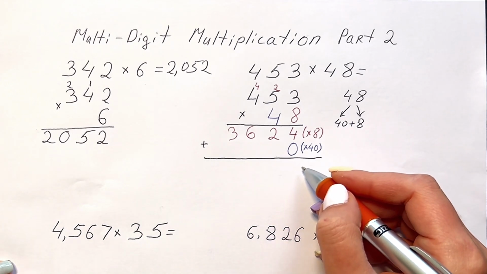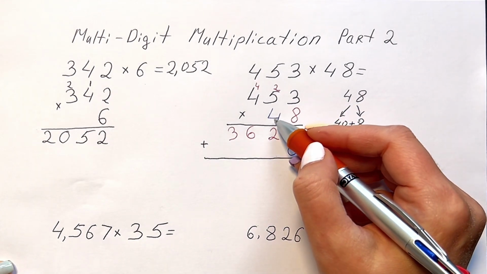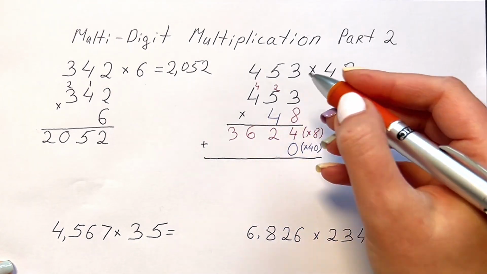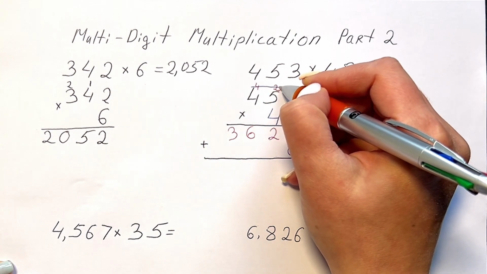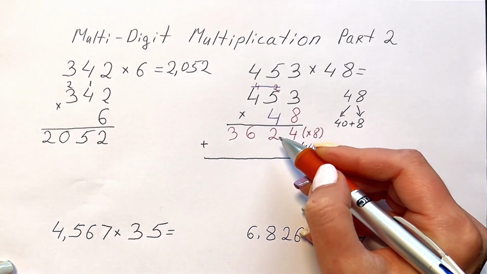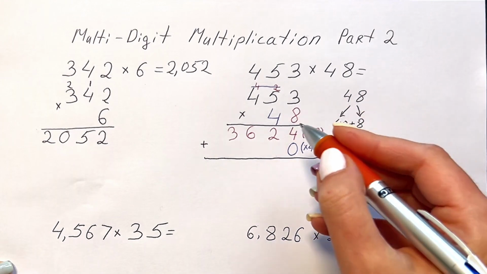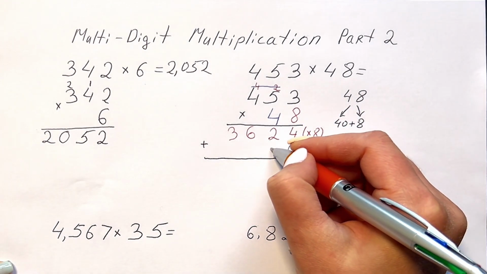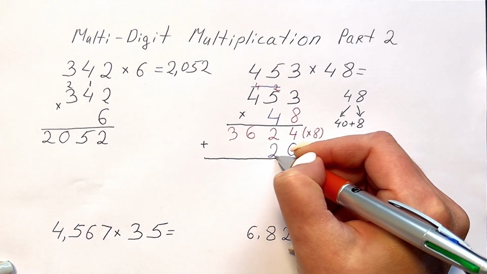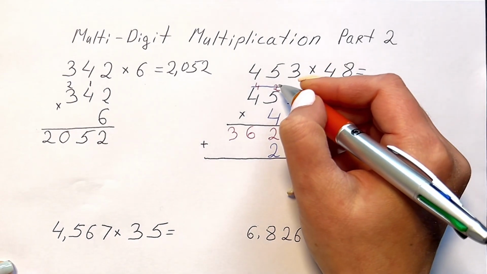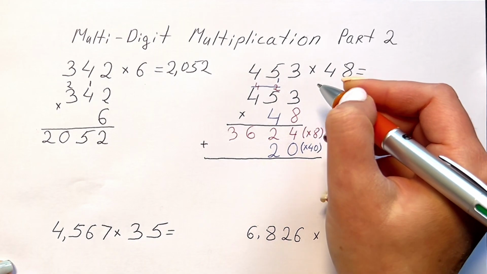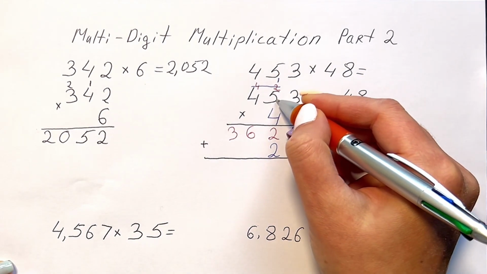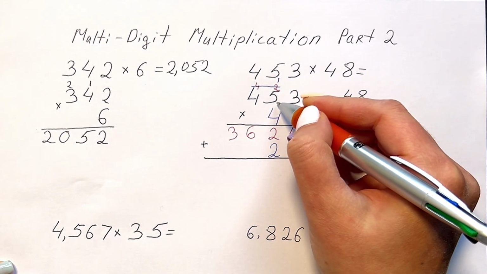Okay, let's do that. But before multiplying 4 by 453, let's cross out these top numbers from the previous multiplication. 4 times 3 is 12. We will put the 2 and carry the 1 on the top of the number that we're gonna multiply next. 4 times 5 is 20.